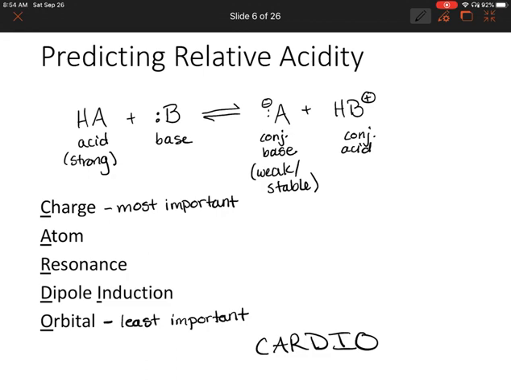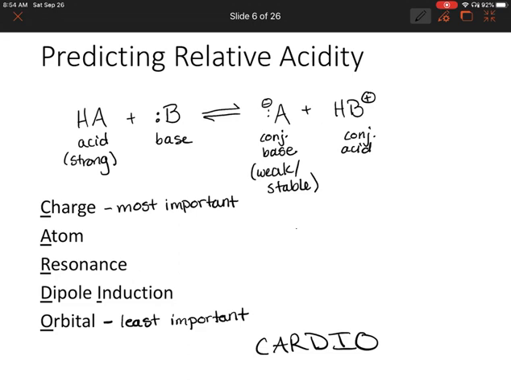Okay, now let's actually look at some examples of each of these different items. So we'll compare acids and their strength based on their conjugate bases.